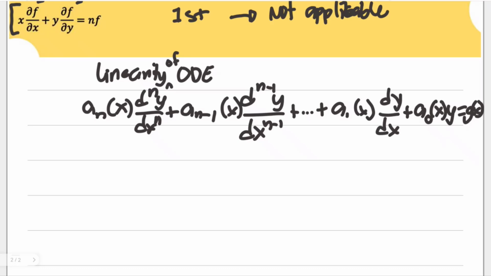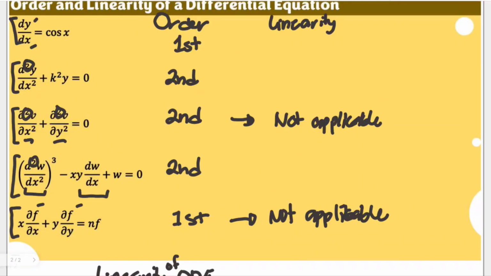There should only be two variables here: the independent variable and the dependent variable. But of course, you could also expect some parameters as long as that parameter is not subjected to any form of derivative. So we only have x and y here, and since we have the cosine of x as your g of x and no other variables, this is considered to be a linear differential equation.